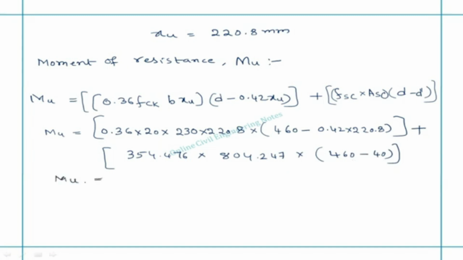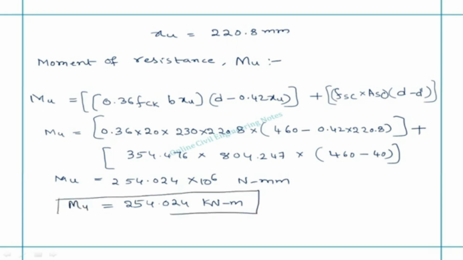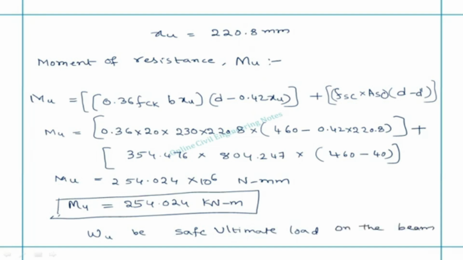Therefore moment of resistance is equal to 254.024 into 10 power 6 Newton mm, 254.024 kilonewton meter. Let's assume WU be the safe ultimate load on the beam. Calculate the factored bending moment.